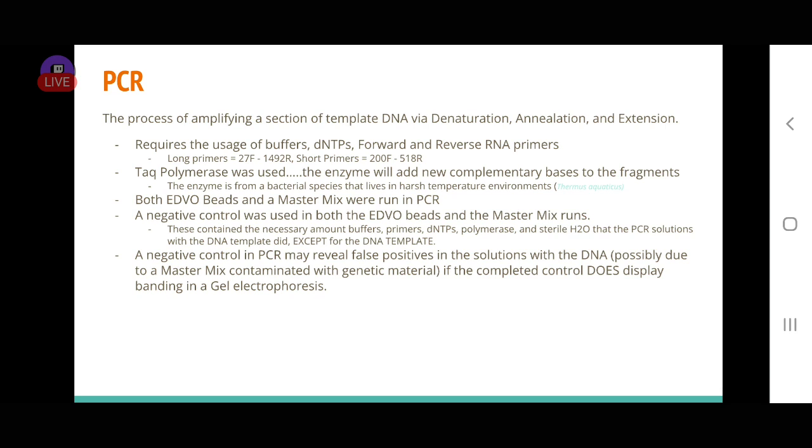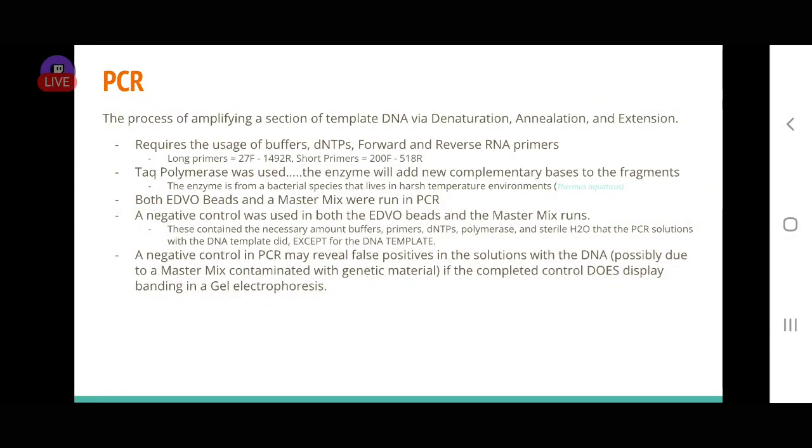This would have given us a 16S gene about 1,400 base pairs long. Then we also had the short primer group of 200 forward and 518 reverse. This would have given us a 16S gene of about, give or take, 300 base pairs.